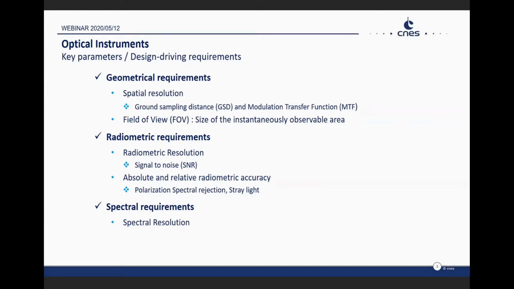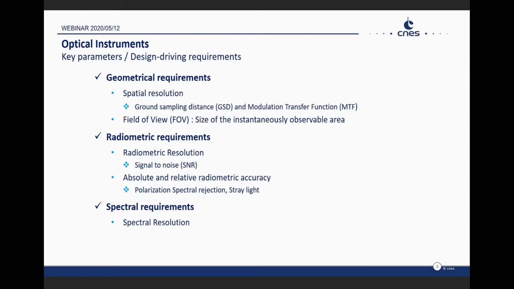The other important point concerns absolute and relative radiometric accuracy, especially for radiometers, which are very demanding. The last point is spectral requirements, and more than that, spectral resolution. It's obvious. After presenting requirements, I will illustrate each of them on the next slides.